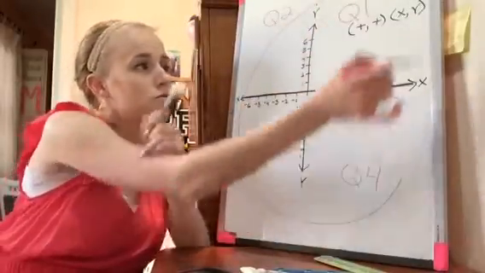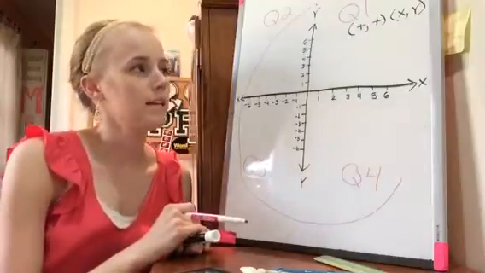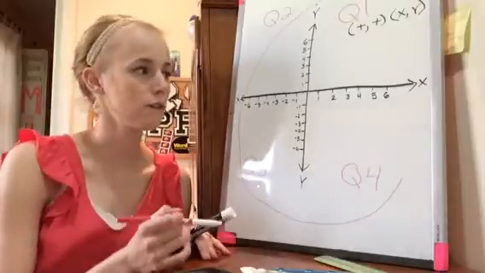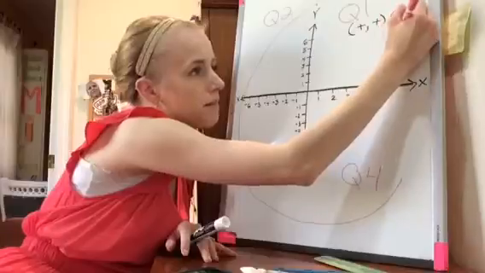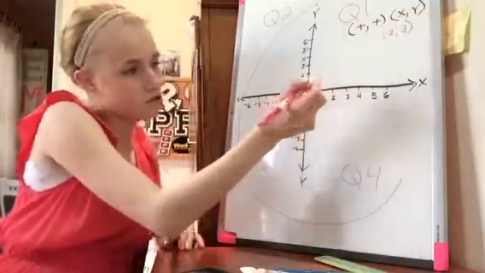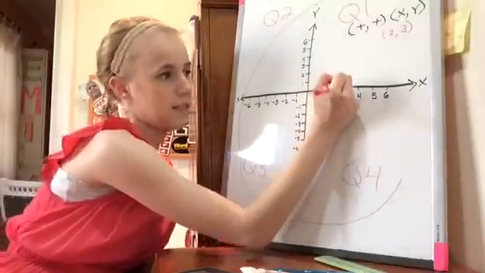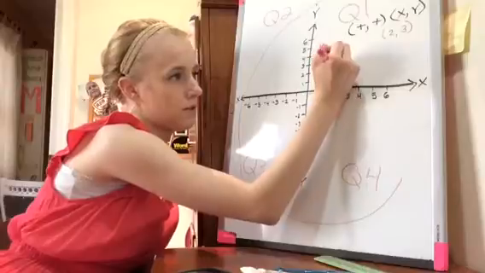So in quadrant number 1, like you practiced yesterday with our game, it's going to be positive, positive. When you rolled the dice, let's say you got 2, 3. That means you go over 1, 2 spaces, then up 1, 2, 3.